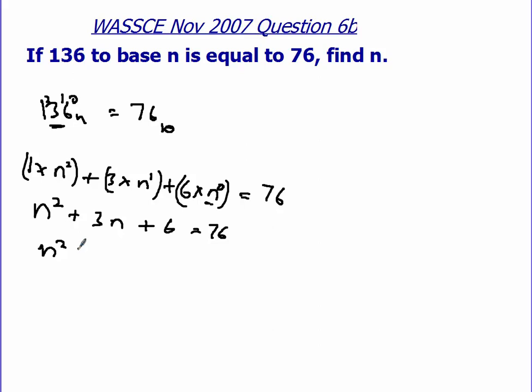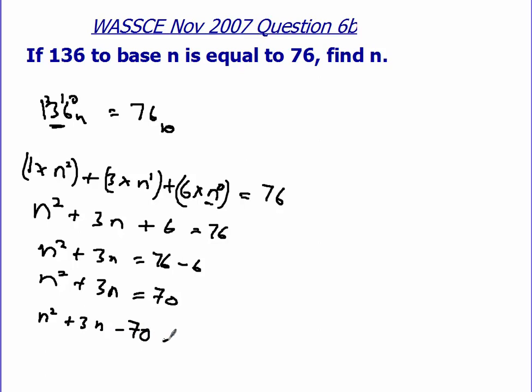Therefore n squared plus 3n equal to 76 minus 6. n squared plus 3n equal to 70. Good. To go further is going to be n squared plus 3n minus 70 equal to 0.